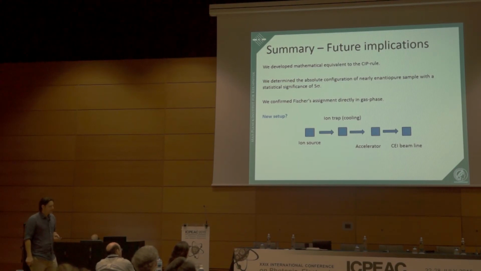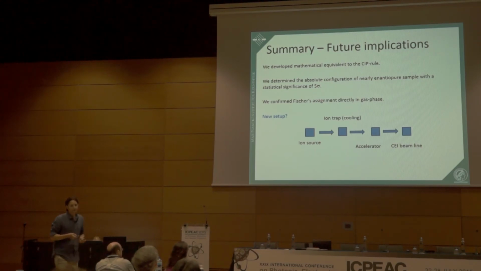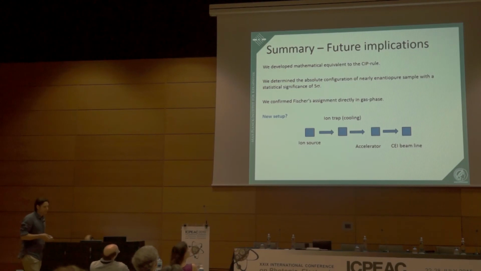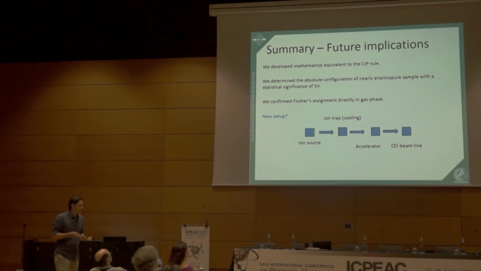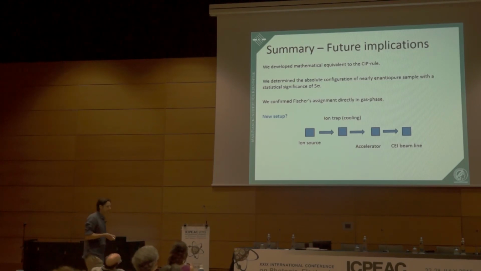This brings me to the summary of my talk and maybe also future implications. We developed a mathematical equivalent to the zip rule. We determined the absolute configuration of a nearly enantiopure sample with a statistical significance of 5 sigma, and we could also confirm Fischer's assignment directly in the gas phase.